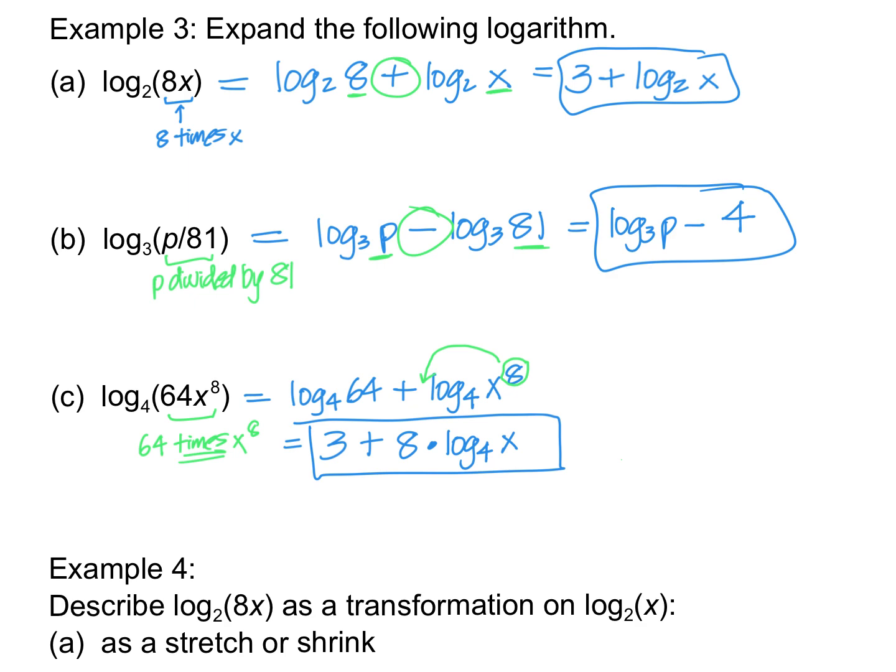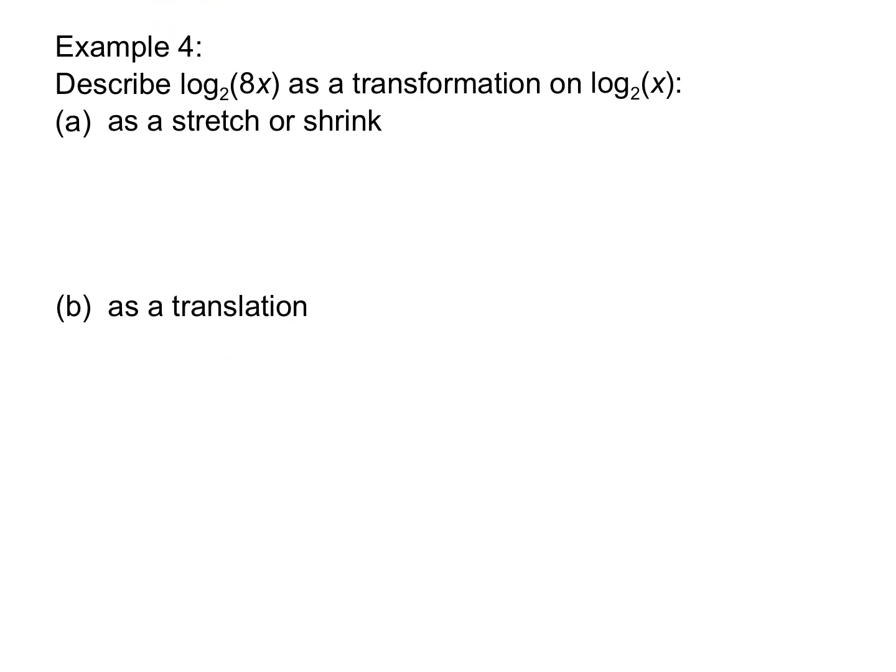All right, now let's look at example 4. Example 4 says, describe log base 2 of 8x as a transformation on log base 2 of x. So the first thing we're going to do is expand this into 2 separate logs. Notice that 8 is being multiplied to x. So that's why it leads to this plus sign right there.